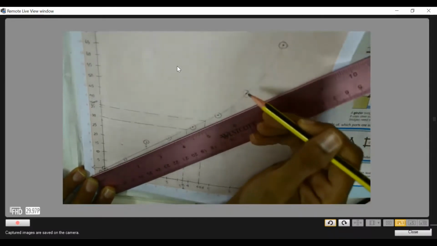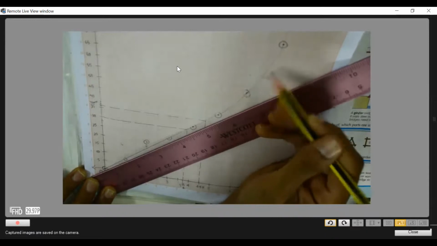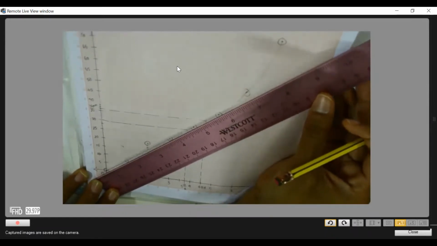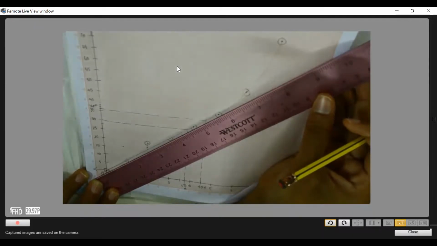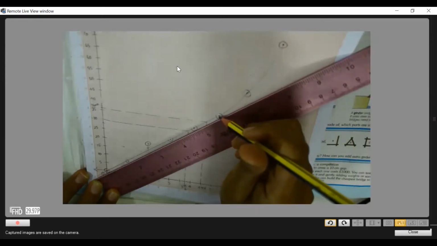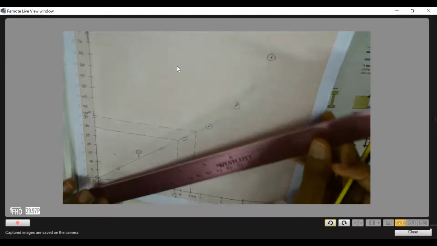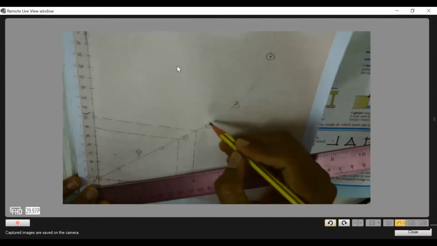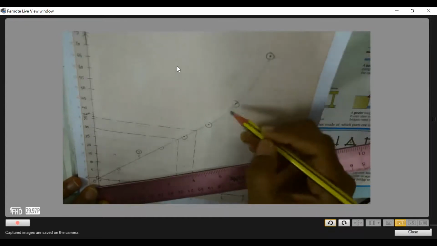Also, I noticed that these last 2 points are not coming on my straight line. So maybe the spring balance lost its elasticity, and maybe this is the elastic limit. That's how I got this graph. I joined all of them, and then with my hand, I joined these points.